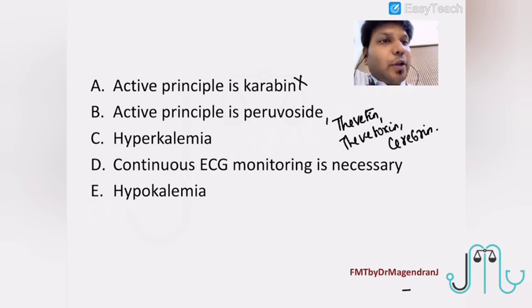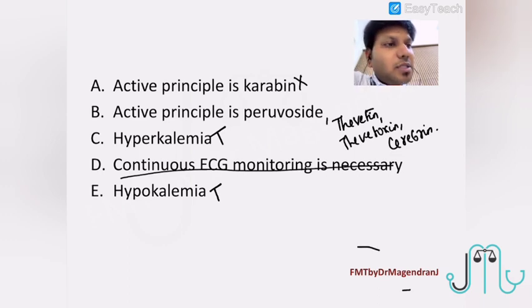It causes hyperkalemia, that is true. It also causes hypokalemia. Hyperkalemia and hypokalemia, both are possible with this yellow oleander toxicity. Continuous ECG monitoring is needed. Yes, of course, because the person is prone to cardiac arrhythmias. We need continuous ECG monitoring for the management of this patient. So all the options were right except option A, that is wrong.